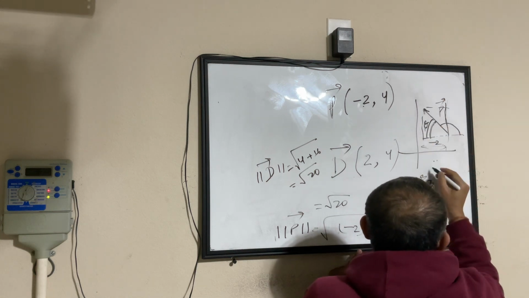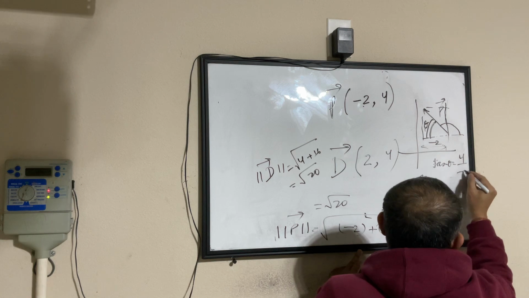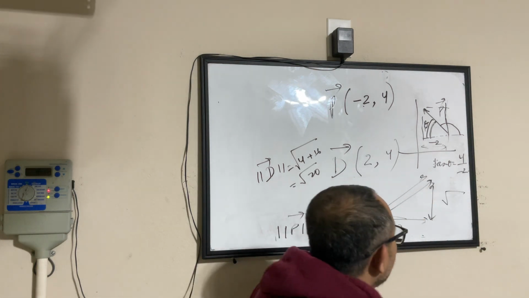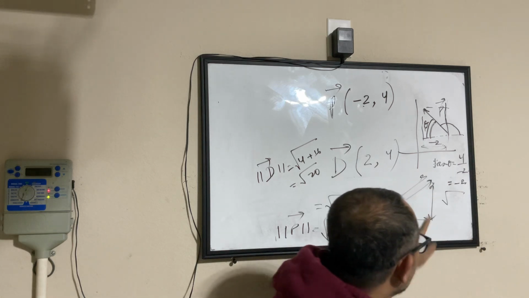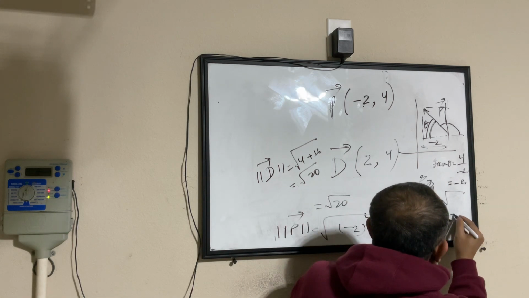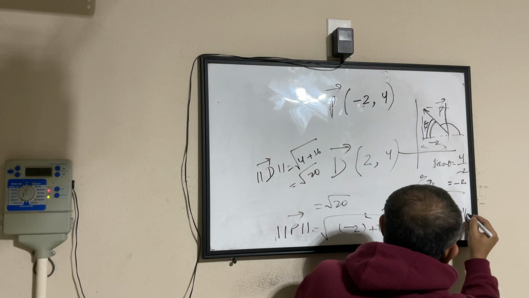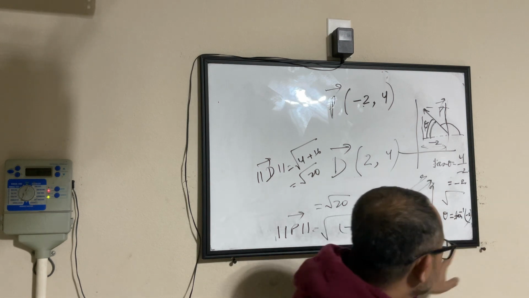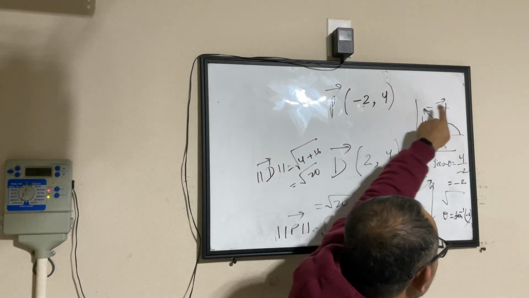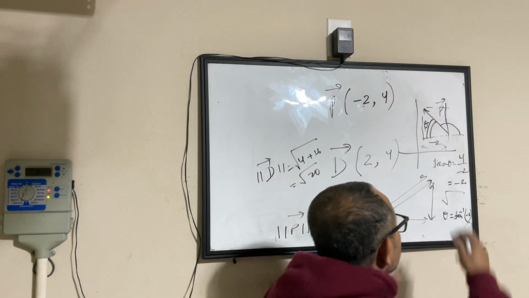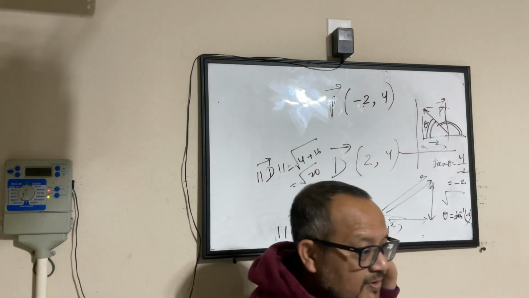Tan theta is this by this, so tan of theta is 4 divided by minus 2, which is minus 2. Now I will find this angle as tan inverse, which your calculator will help you find. Tan inverse of minus 2 gives me this angle, and I subtract that angle from 180, that gives me the direction of this vector, and the magnitude we already found out.